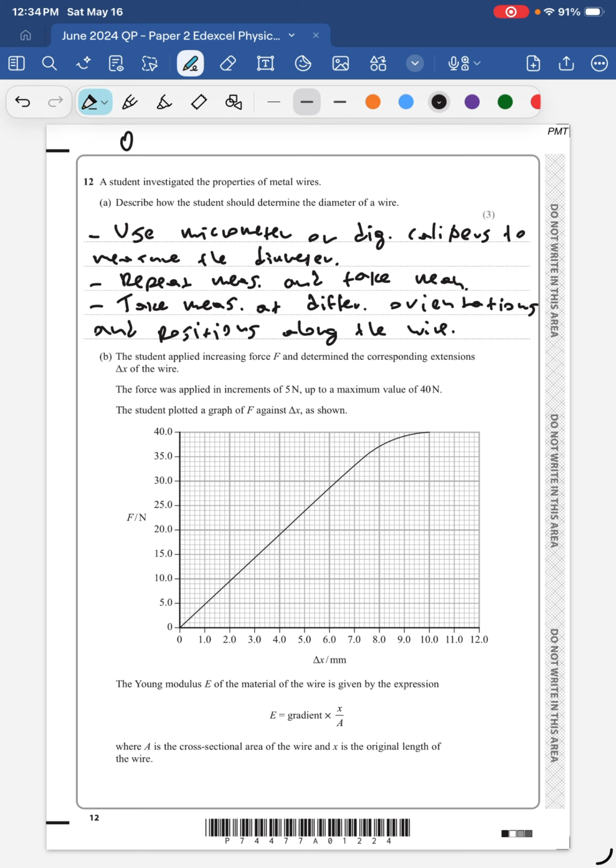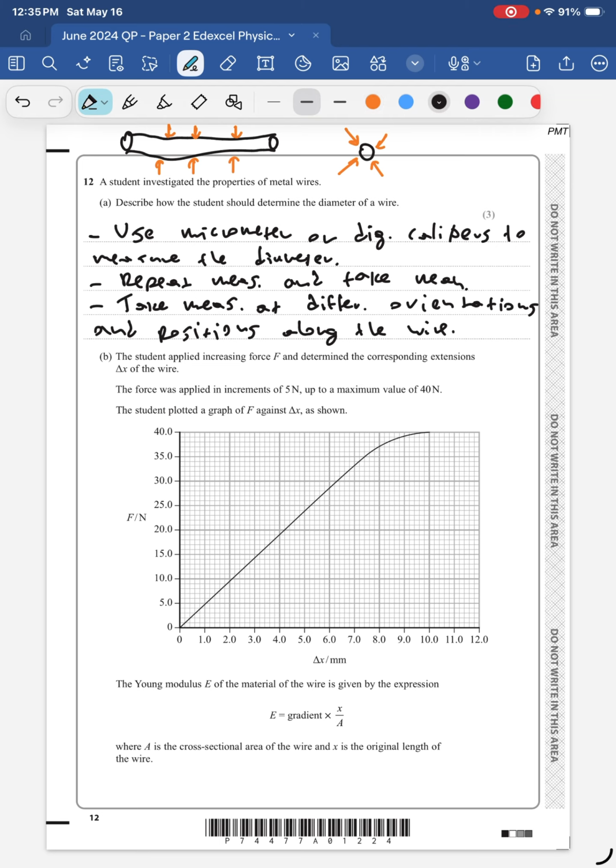So the wire will look like this, cylindrical and long. You should take measurements here, here, and here. And as far as the diameter goes, you should test different orientations like that. So that's the answer. Let's move on to part B.